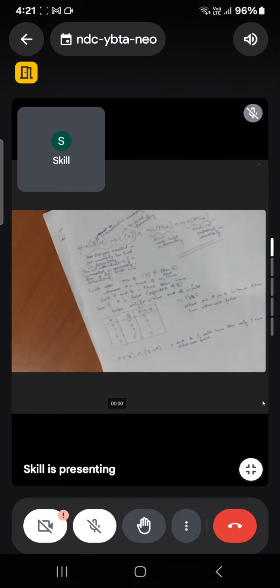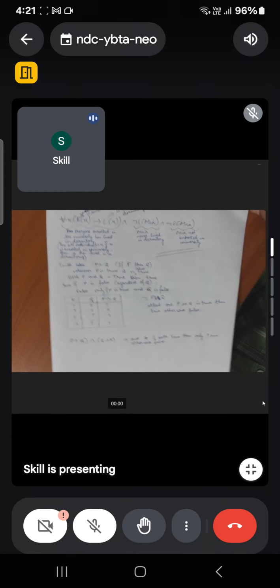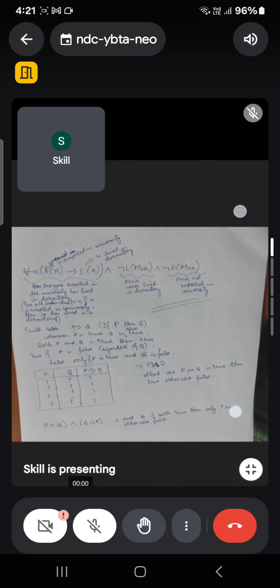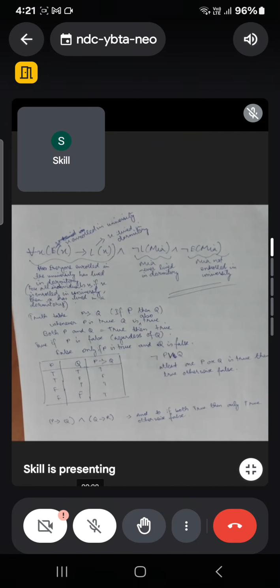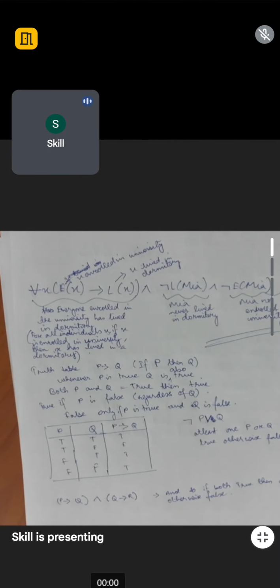So that proposition R, I have explained it here. You can see. It will be more clear if we go one by one. So you can just see how it is explaining that particular proposition from the two statements we have mentioned.